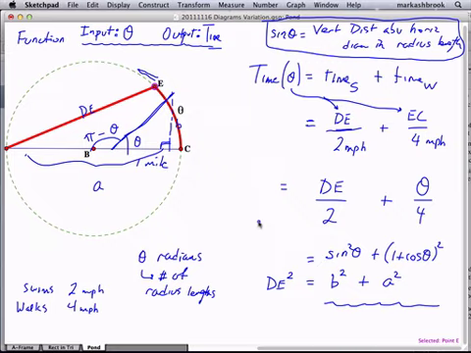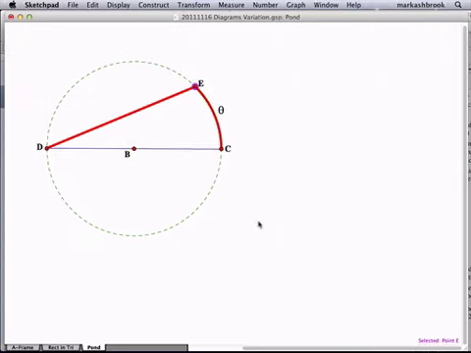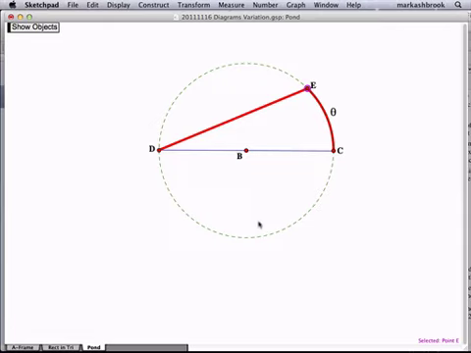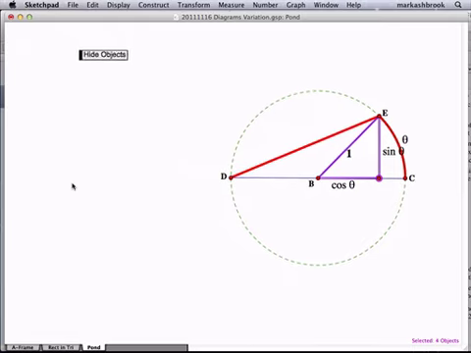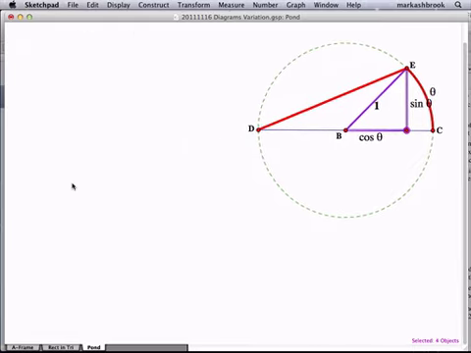Okay, so I'm going to have to rewrite some of this stuff. So our total time, as a function of theta, is theta over, what was the walking again? 4?